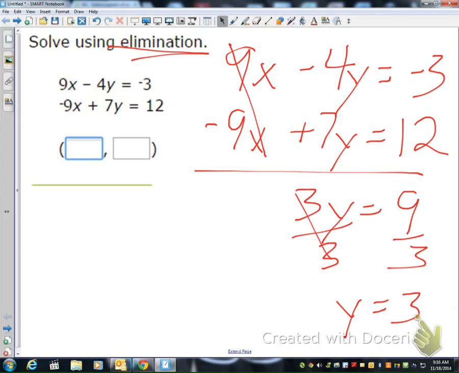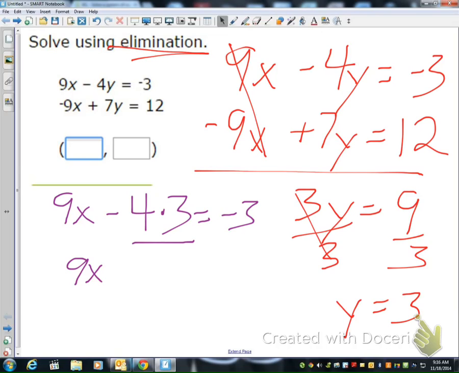So 9x minus 4y equals negative 3. But I'm going to replace y with 3, so I'm going to say times 3. And then I need to multiply first. So 9x minus 12 equals negative 3.